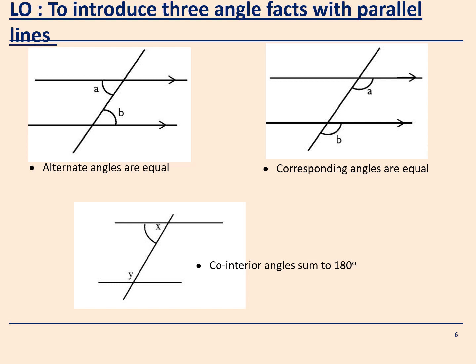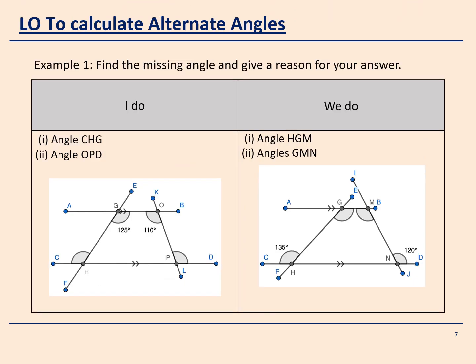Example 1, find the missing angle and give a reason. So CHG. I'm going to start at C, go to H, go to G, and that means I'm looking for this angle here.